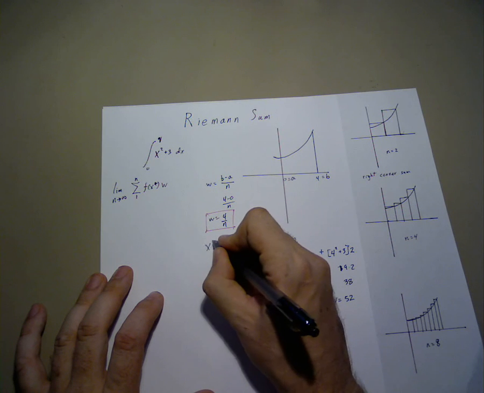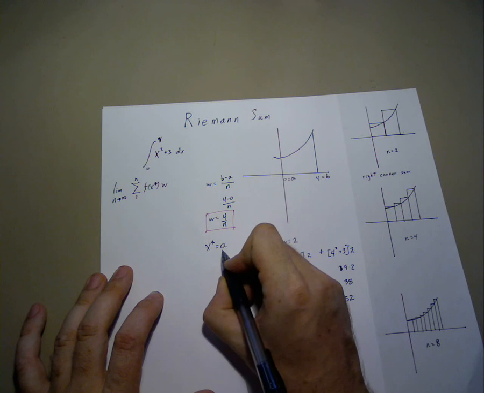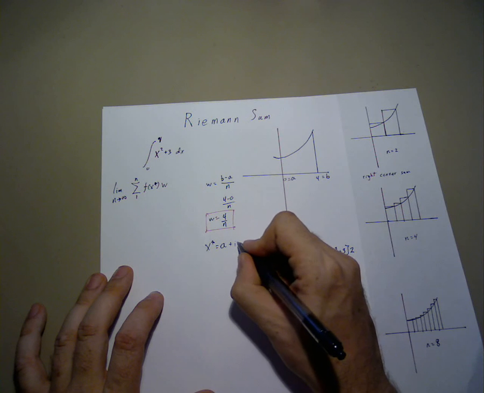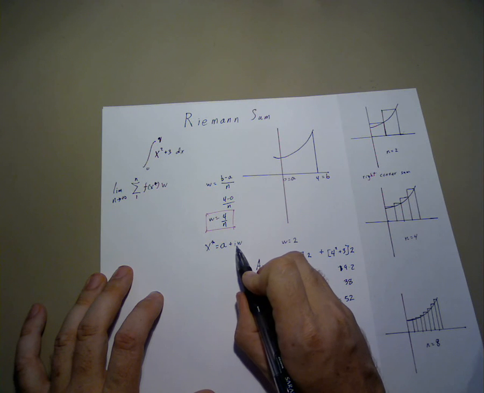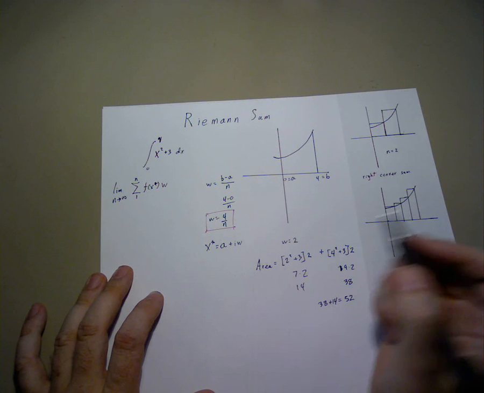So x star equals a, that's where we're starting from, plus i w. i is the variable of summation. This will increment by 1 for each successive rectangle.